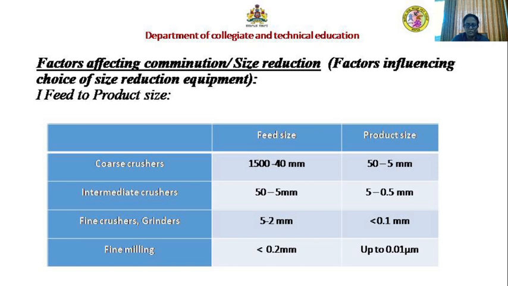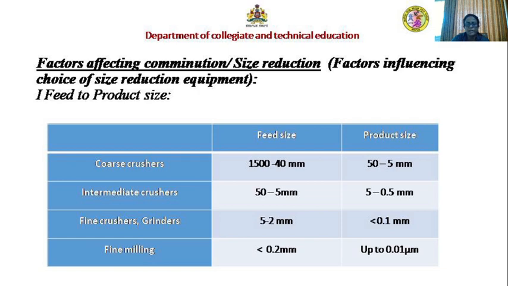We have classified the size reduction machines into four categories. The first category contains coarse crushers where the feed size is about 1500 to 40 millimeters and the product size will be 50 to 5 millimeters.